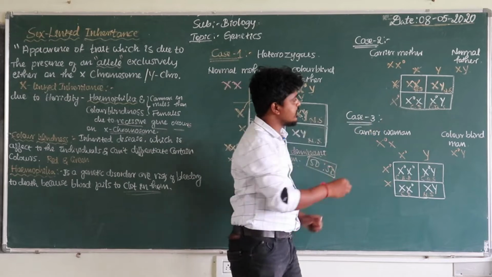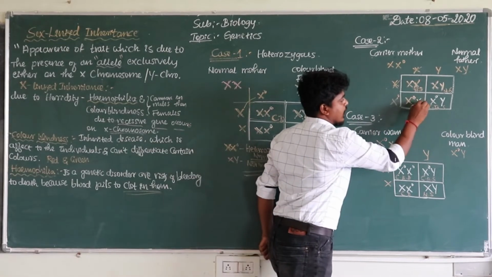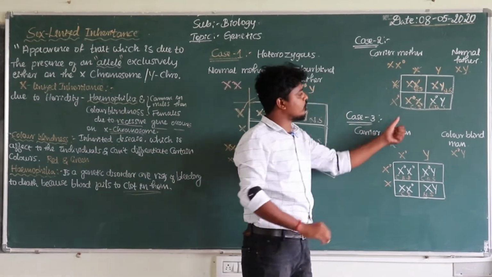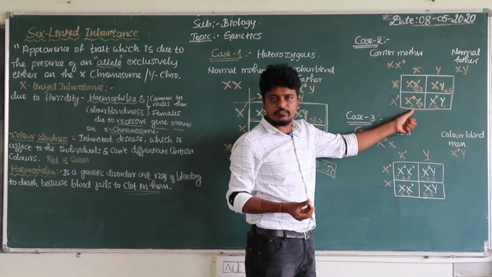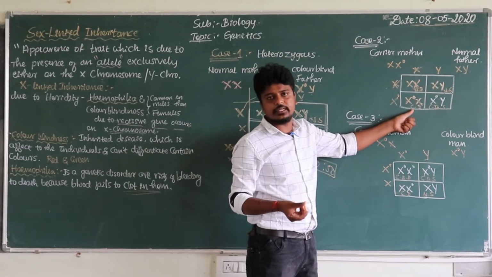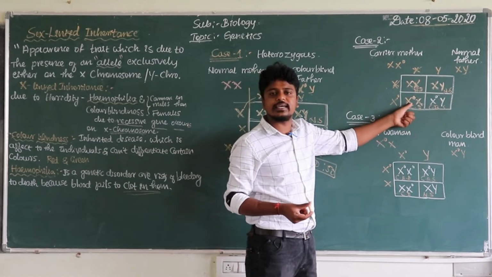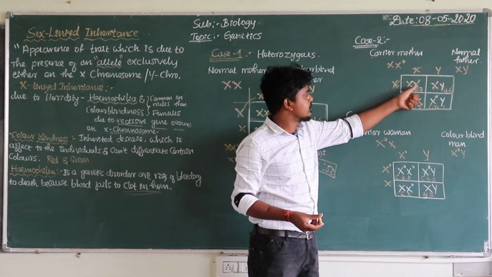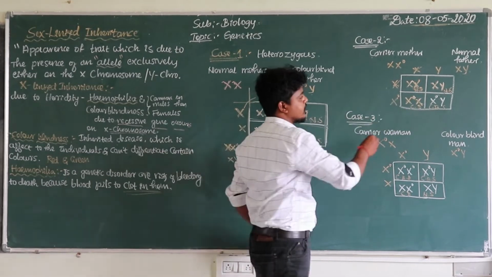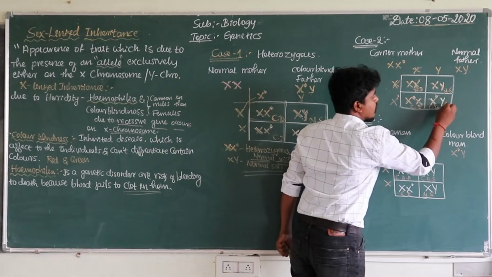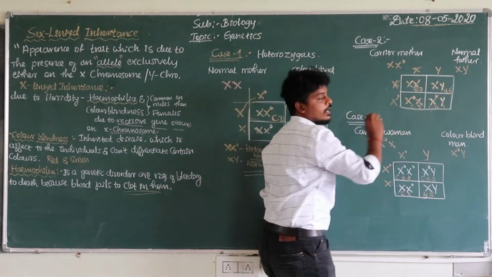The next case X and X, here the carrier daughter. Of course, there will be chances of the color blindness, not immediately. Have you understood? That's why we call it a carrier daughter. But you can see here the normal daughter. Yes or no? And the next one, color blindness son.